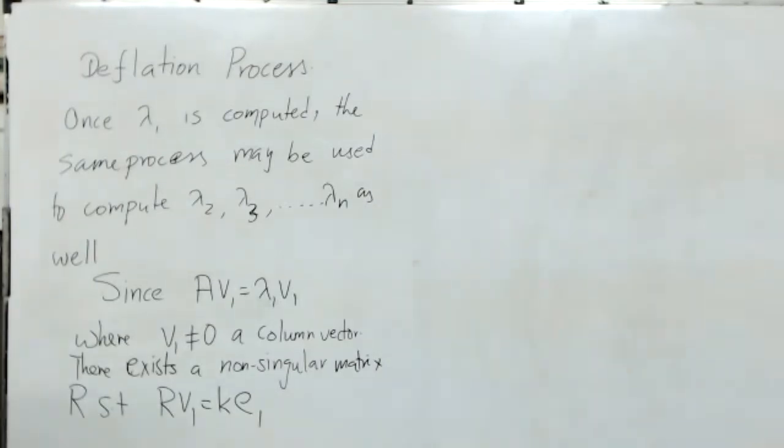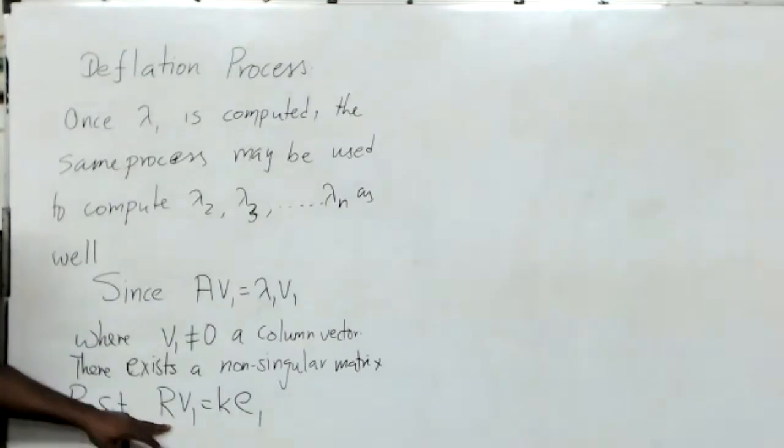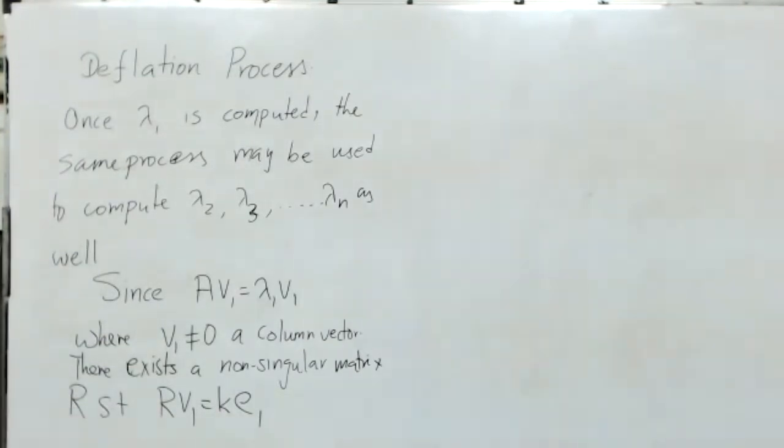There we call it an elementary Hermitian matrix, but you can always use an elementary lower triangular matrix as well.